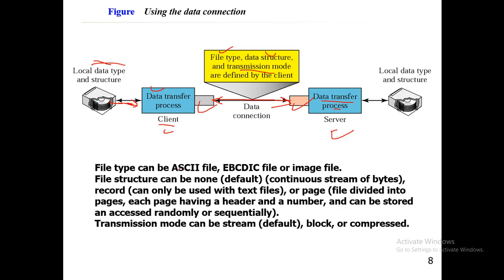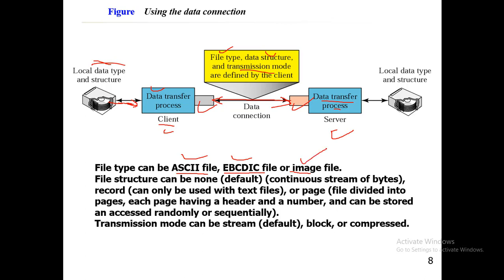So the file type can be ASCII, EBCDIC, or an image file. You know that these are different formats of the information that is stored by the system. The system does not store the actual alphabets, but it stores information in the shape of digits, so that is how it is converted into bits. The same is the case with the image file.